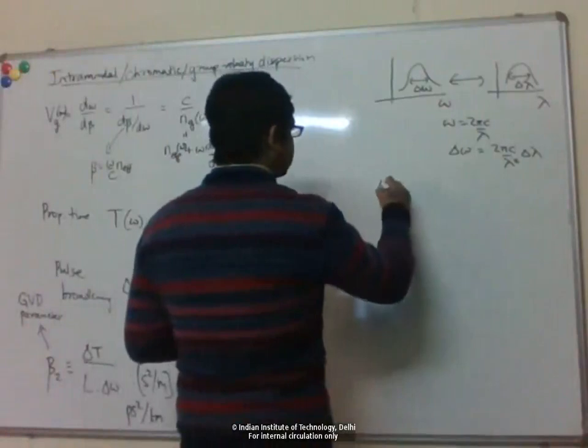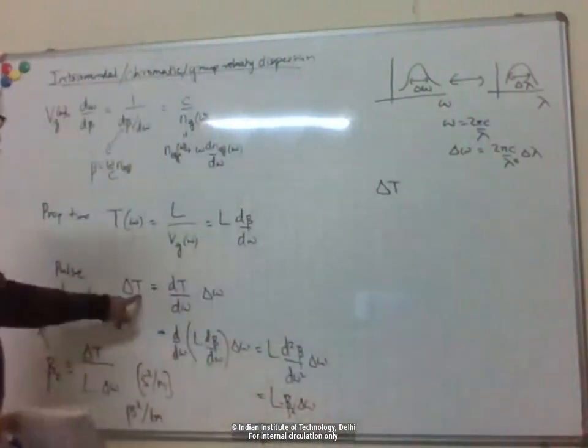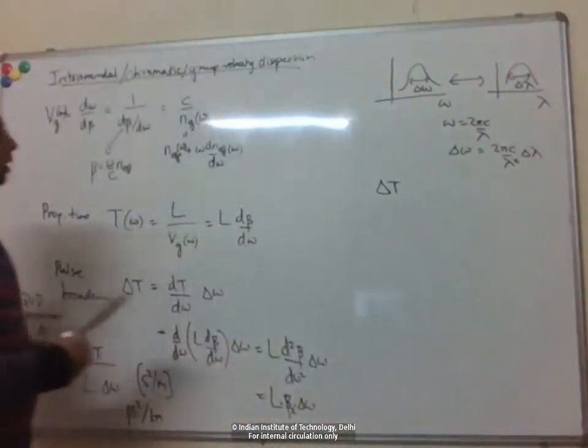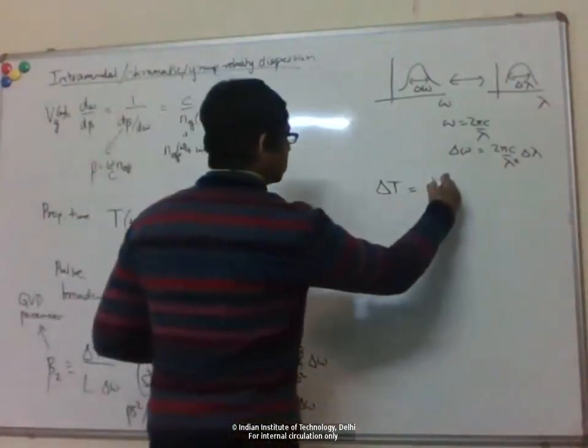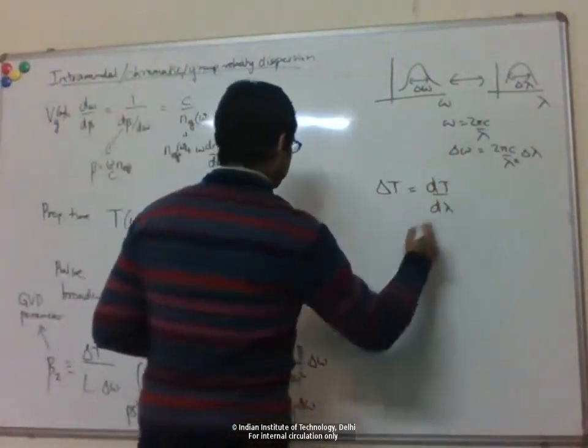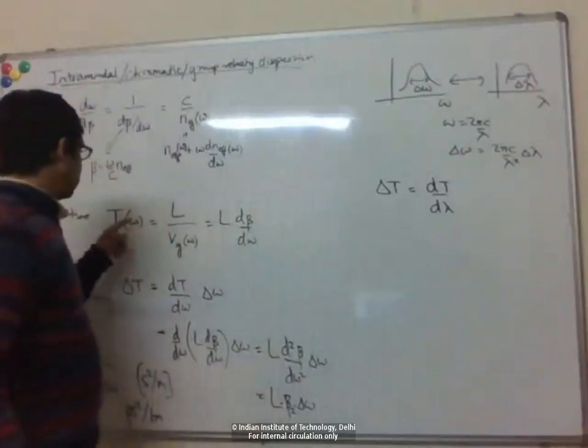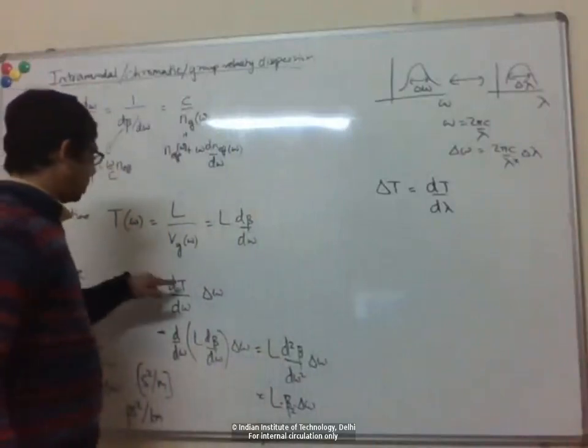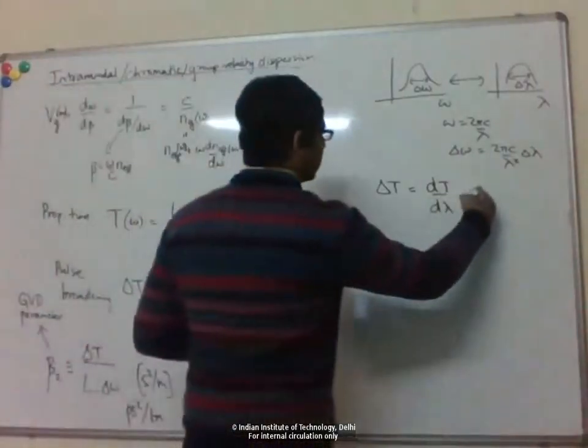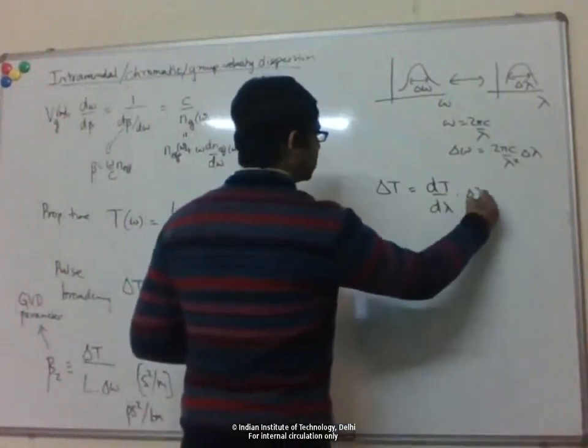So equally we can define this broadening instead of in frequency, by saying that the transit time for different wavelengths is different, and then we can look at it in wavelength space like this.